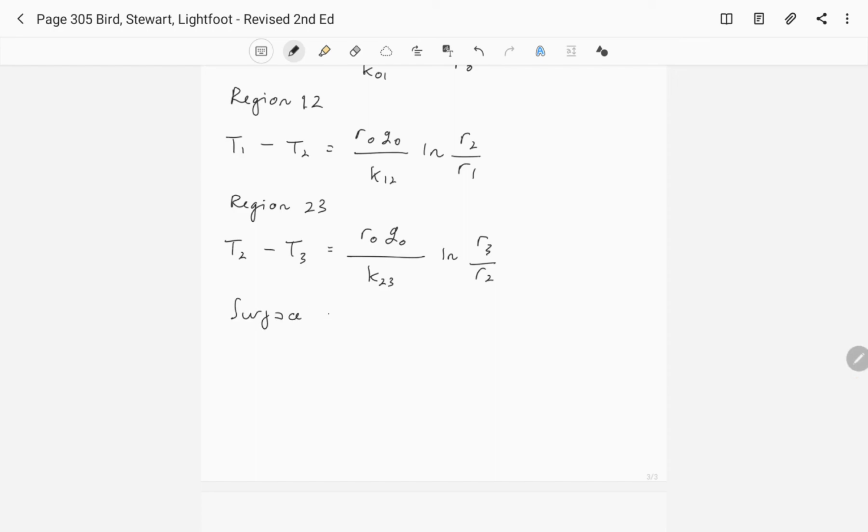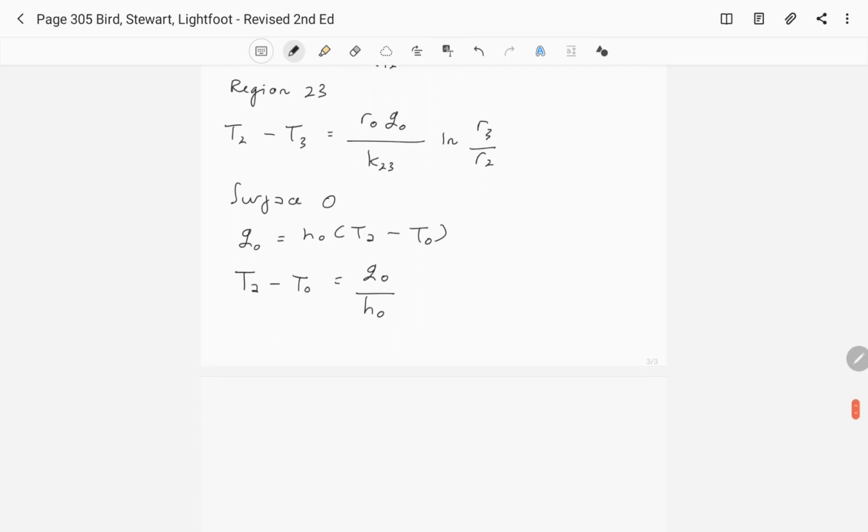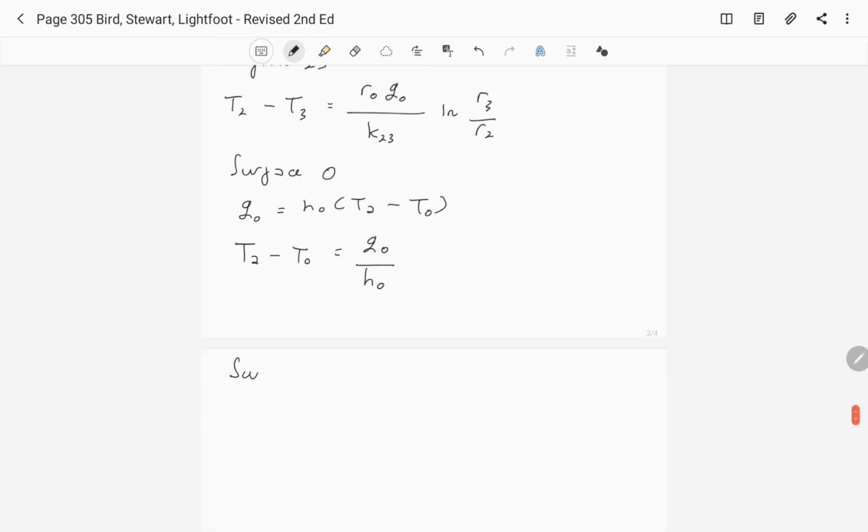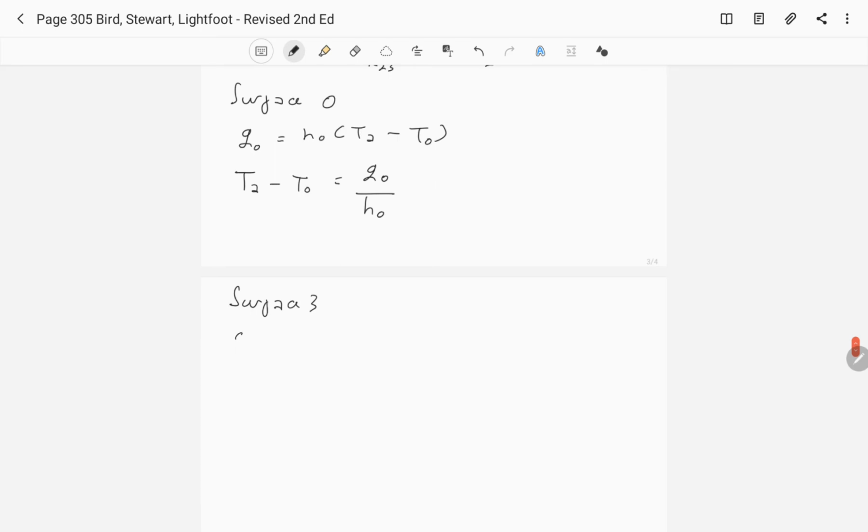So in here, for surface 0, Q0 is equal to h0 times (TA minus T0), and so TA minus T0 is equal to Q0 divided by h0. For surface 3, we have Q3 equal to h3 times (T3 minus TB). Note that TA is higher than T0, and T3 is higher than TB.